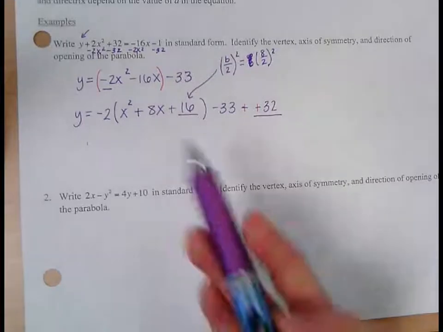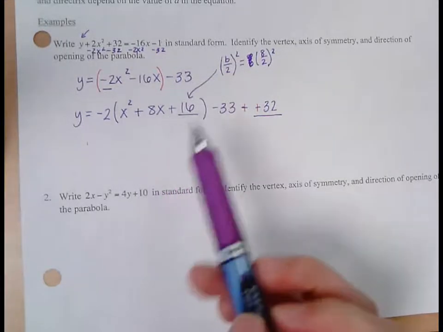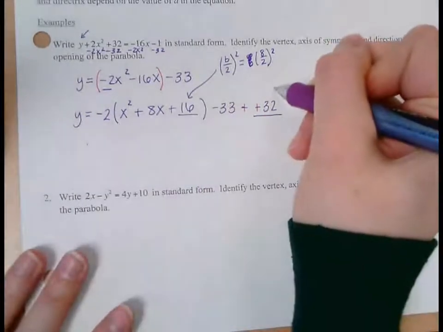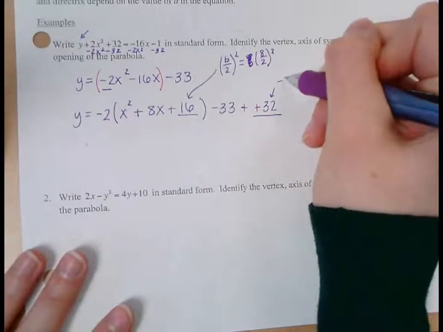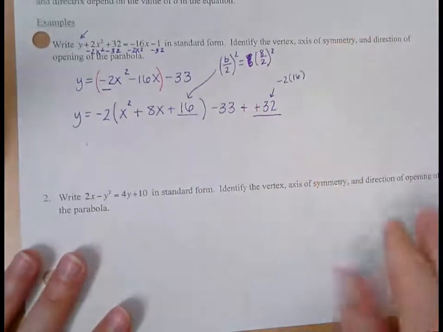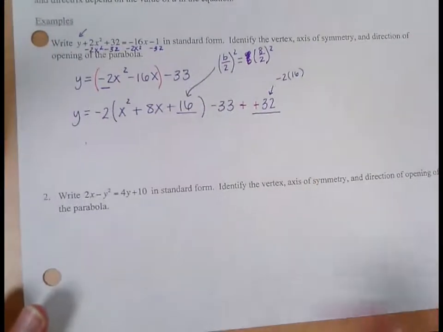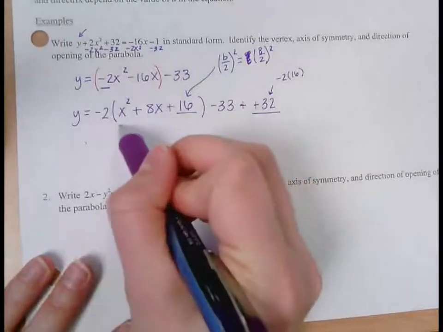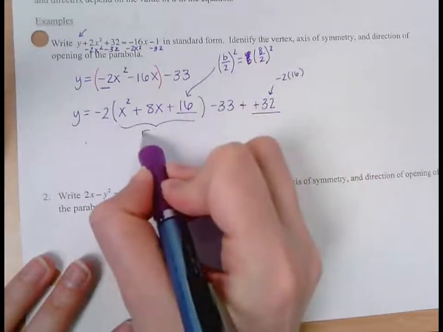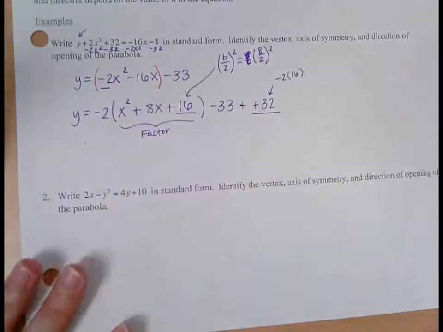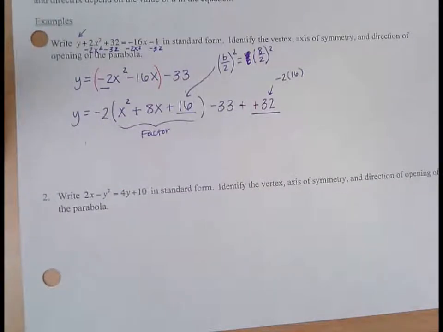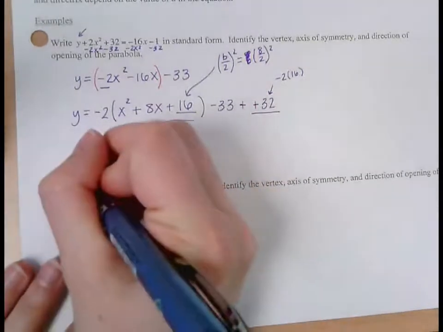Okay, so now, once you've completed the square, if you want to make a note, this came from the negative 2 times 16. If you want to make a note just so you know where it came from. Then from here, you now factor this. And it's a perfect square trinomial, so it should be the same quantity squared.